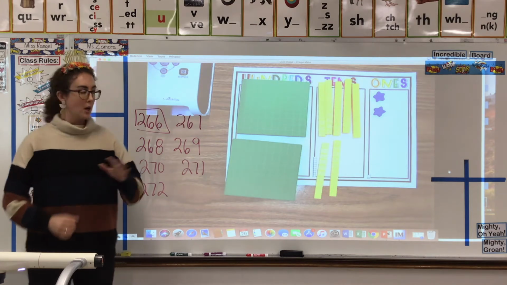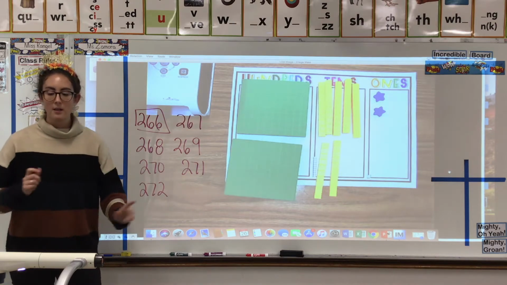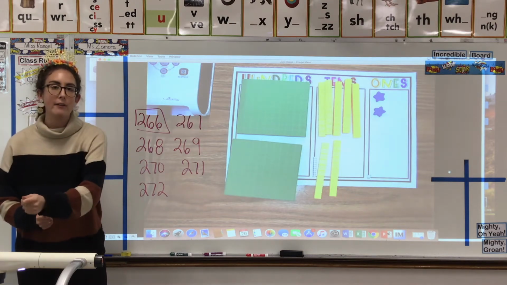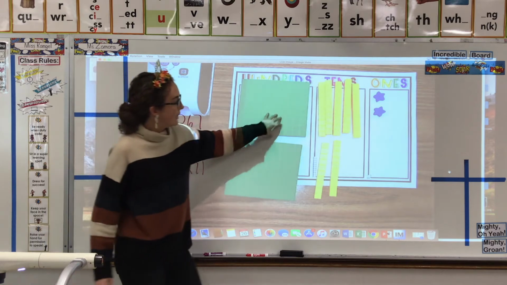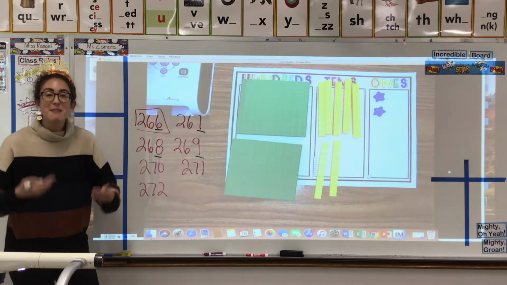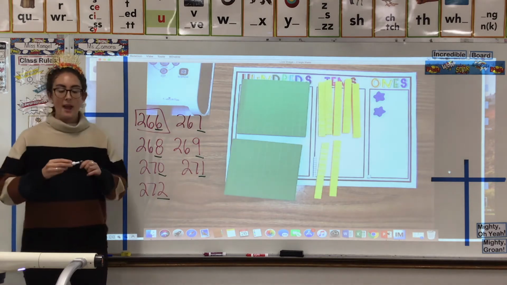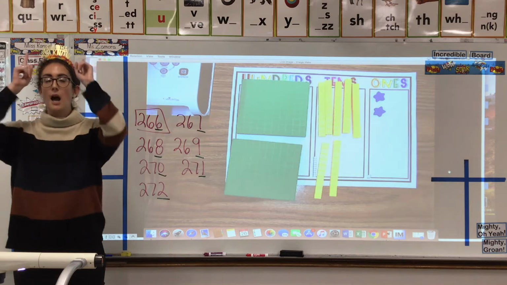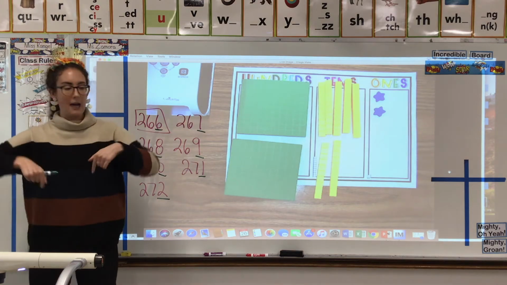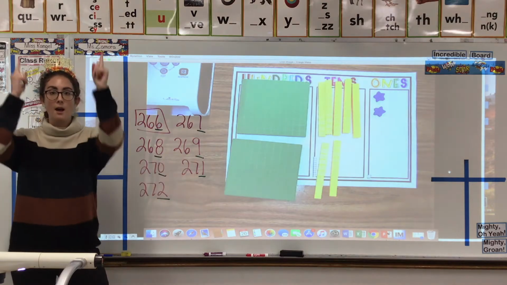So second grade, what was changing each time we counted? Which place value were we changing? The hundreds, tens, or the ones? We were counting by ones, exactly. And were we counting up or were we counting down? 6, 7, 8, 9.